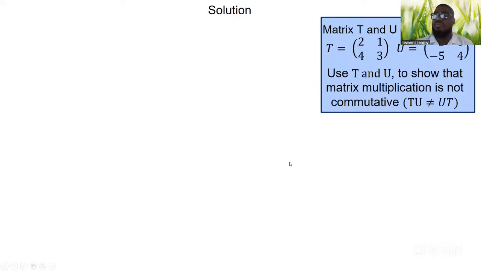It means: if I multiply matrix T and U, is that equal to the matrix UT? So I switched it around.